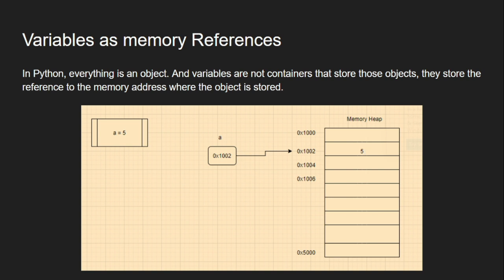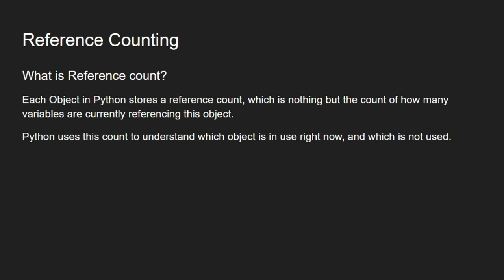Once you have understood that variables are nothing but references to a memory address, we can talk about what reference counting is. Reference counting is a count that represents how many places are referencing a particular object.